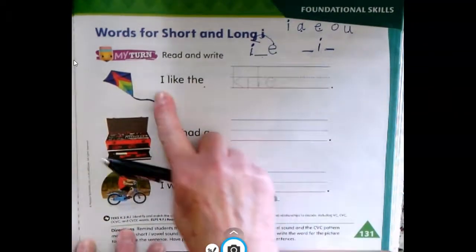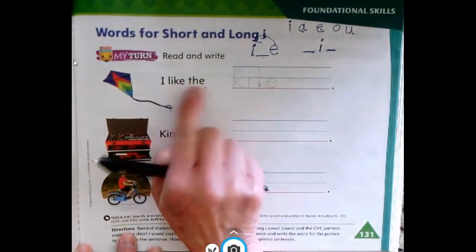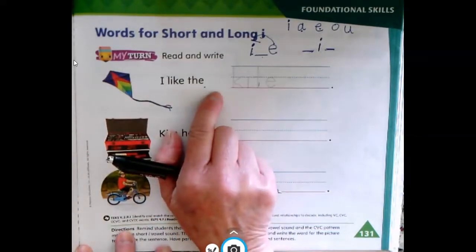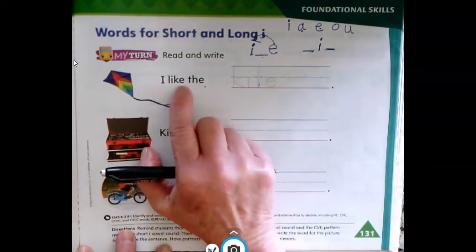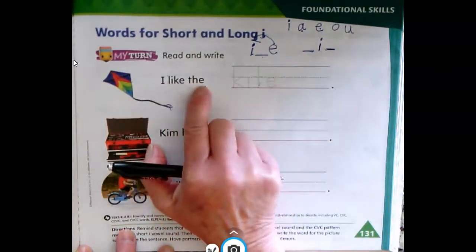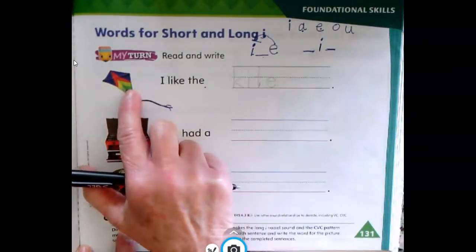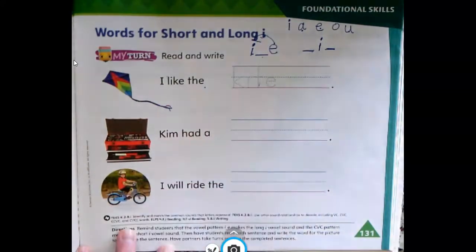Okay, let's start with our first sentence. Now, these are all sight words, so we should be able to read these. I like the, and what is this a picture of? Kite. So kite is the word we write on the line.